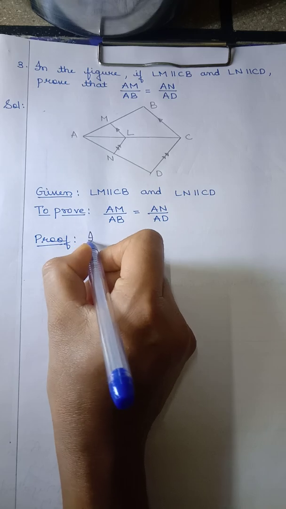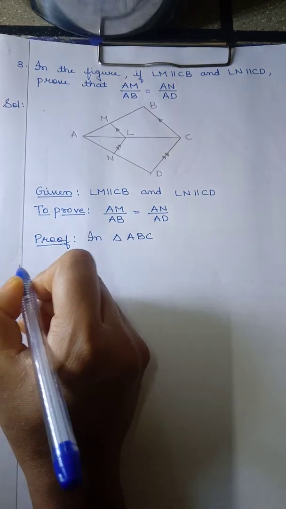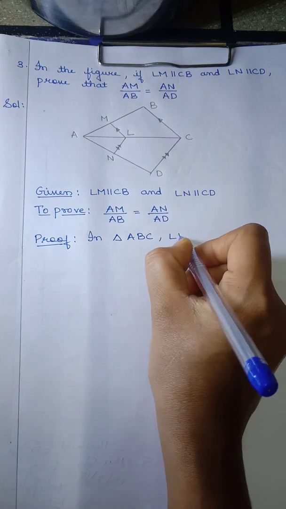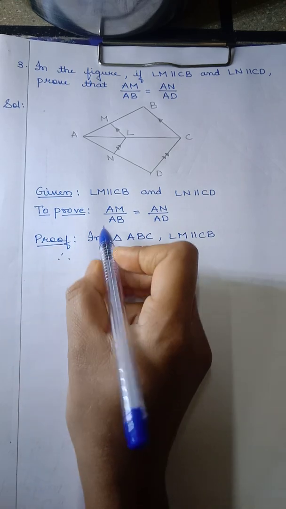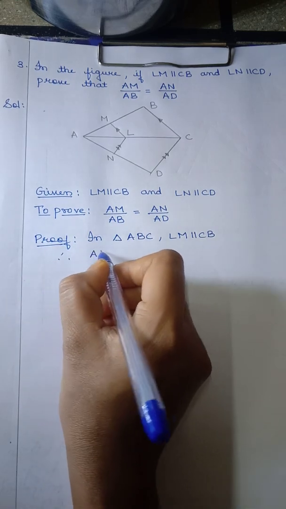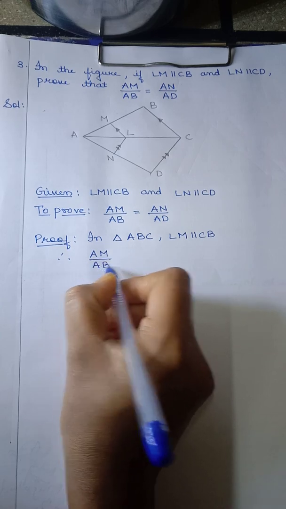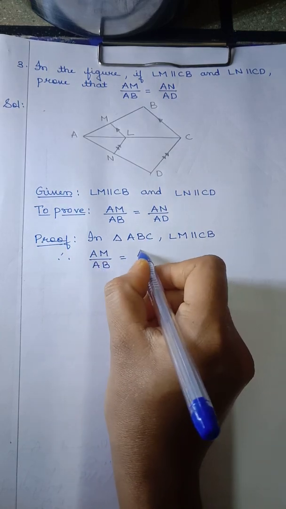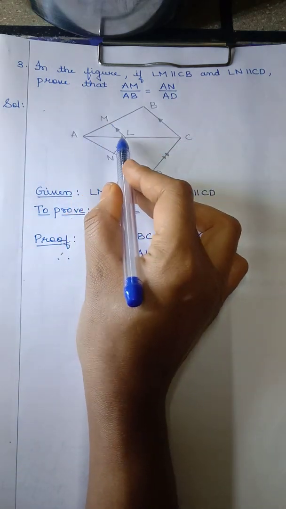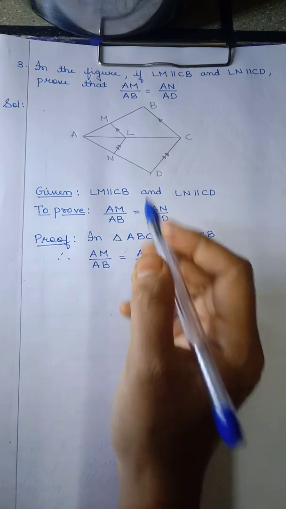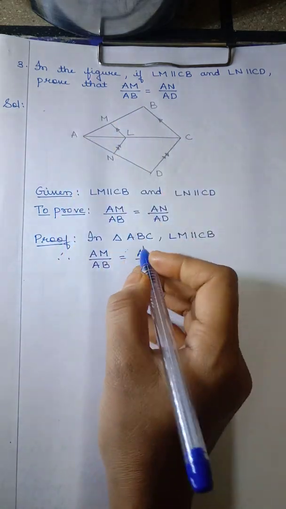So firstly, in triangle ABC, we know that LM is parallel to CB. So therefore, we can write AM upon AB is equals to AL. Now if you are taking AM side, here also you have to take first AL side upon AB, the whole side we have taken. So here also you have to take the whole side AC.